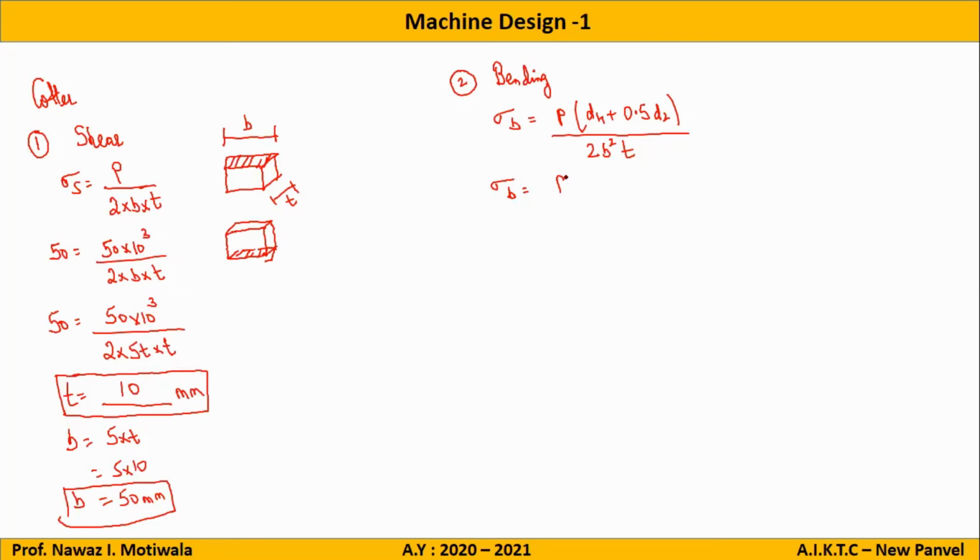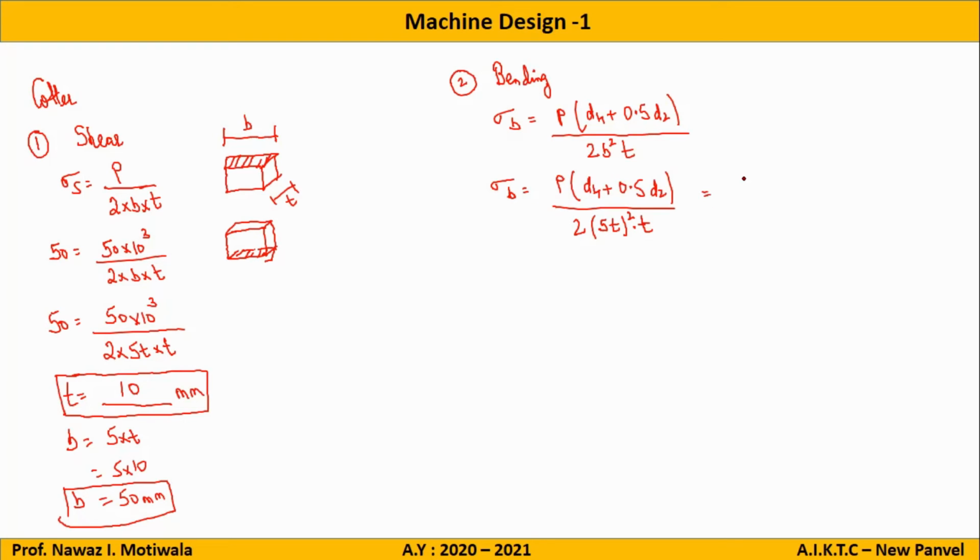In place of B, I will write 5T. So it will be 5T square into T. If you open this bracket up, it will be 25T square. So finally I will get 25 into 2, that is 50, and T square into T will be T cube.